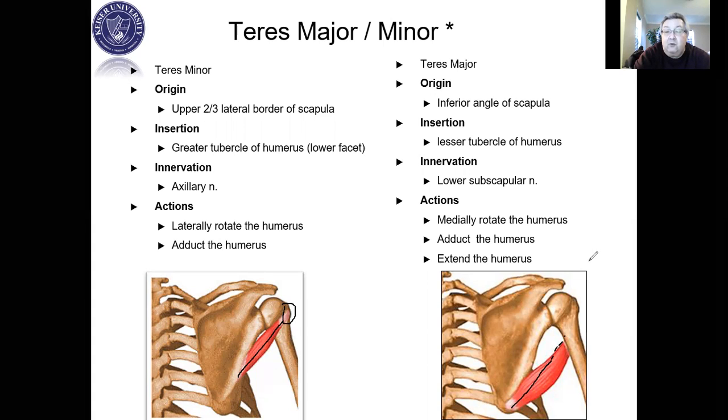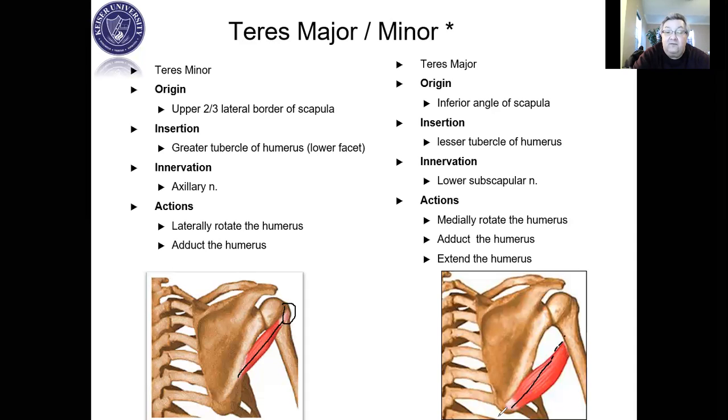Teres major, though, because it inserts on the anterior side of the humerus, performs internal or medial rotation of the humerus. Teres major is also known as a mini lat muscle.